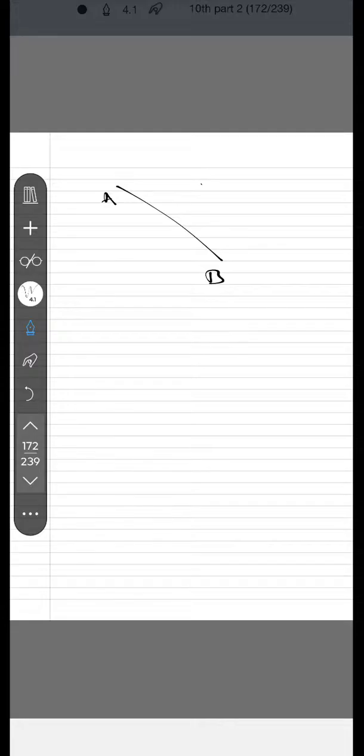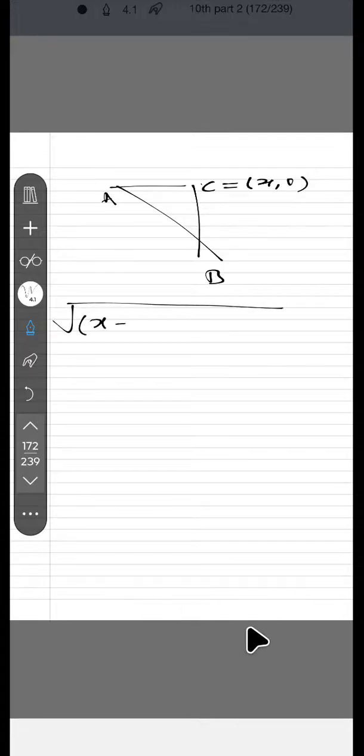So the y coordinate on the x-axis will be 0. Correct. So point C, I will take here as x comma 0. Chalo. Then AC and BC, according to the distance formula, we are going to observe the square root of (x minus of minus 3) square plus (0 minus 4) square.